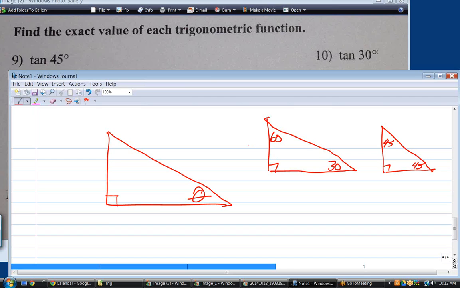This side would be 1, this side root 3, and the hypotenuse 2. And the other one: 1, 1, and root 2. Okay, good. And the tan of 45.